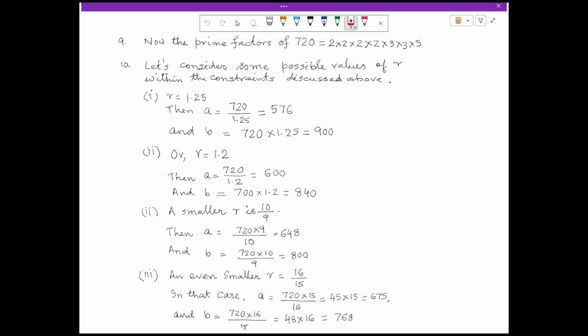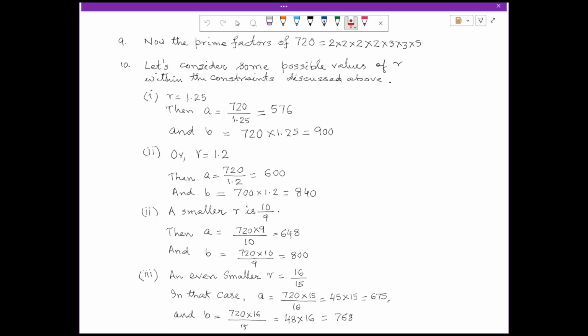Or an even better result comes from r is equal to 1.2, so that a is equal to 720 divided by 1.2, that is 600, and b is equal to 720 multiplied by 1.2, that is equal to 840.